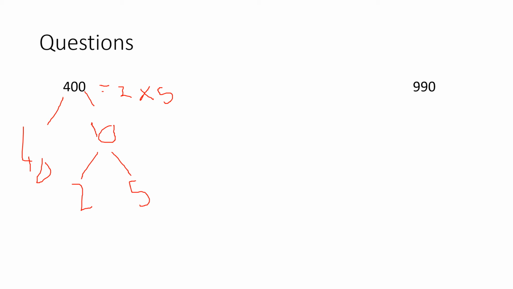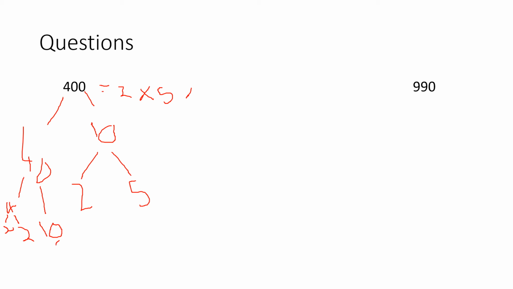Now, if we were to split up 40, we'd get 4 and we'd get 10. Now, if we remember, 4 can just be split up as 2 times 2. So far we've got 2 2's.